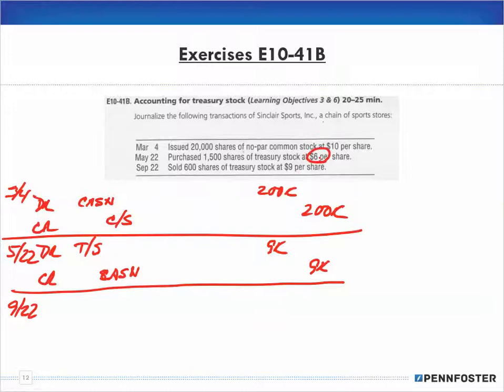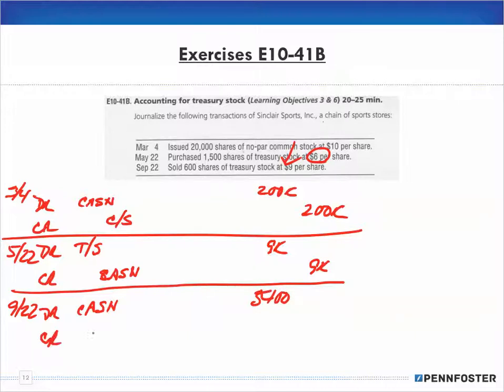And on 9/22, we're going to sell 600 shares of treasury stock at $9 per share. Now remember, we bought it at $6. Now we're selling it at $9. If we're selling the treasury stock, that means we're going to get cash, so debit our cash for 600 shares at $9. 600 times 9 is 5,400.